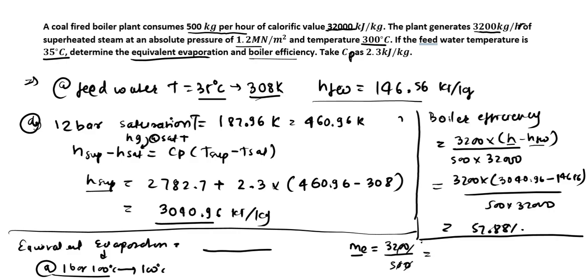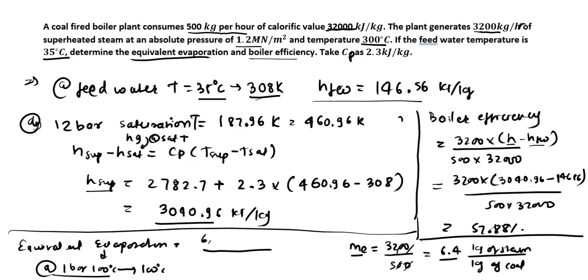So if you divide this, you will get 6.4 as ME. So this ME is the 6.4 kg of steam our boiler will make per kg of coal, or let us say fuel.